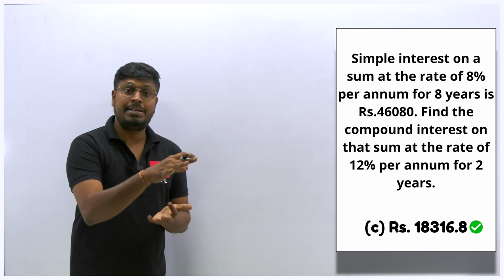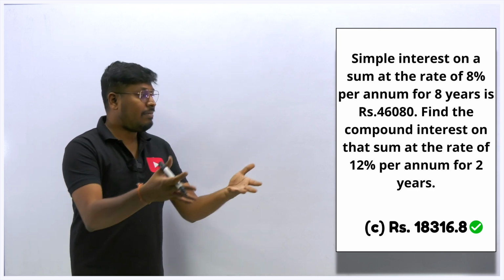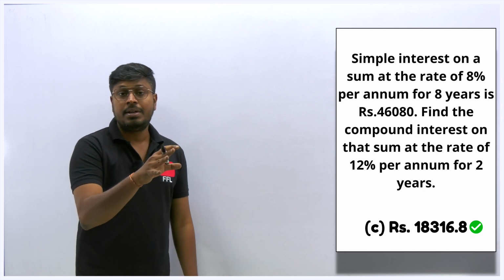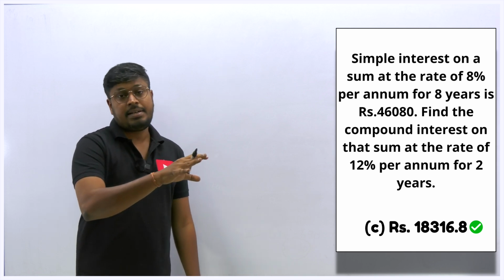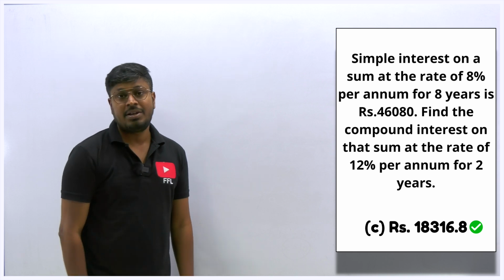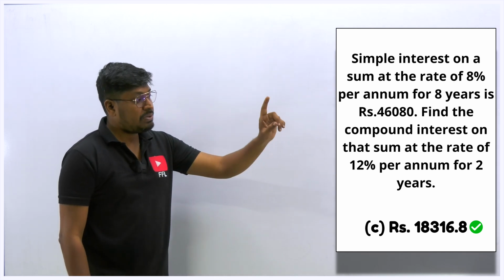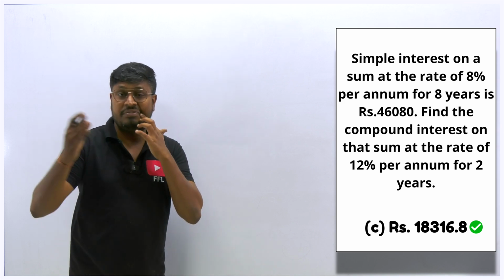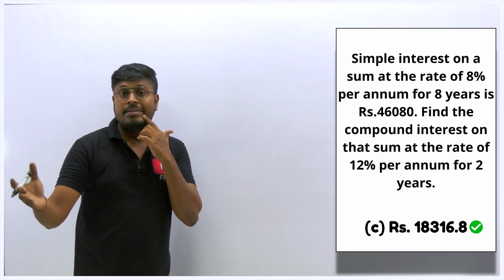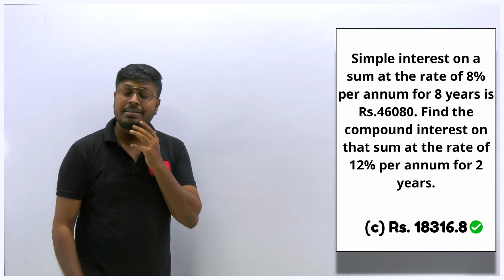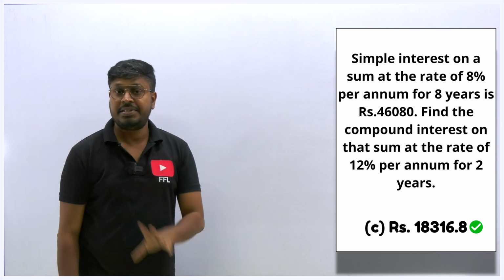If it is only simple interest, it's easy. But even while teaching compound interest, I told you to be very careful, because sometimes it might take more than 2 minutes to solve a single question. So better keep these questions for last. In case you have any extra time at the end, try to solve them. Do not touch any compound interest question initially.